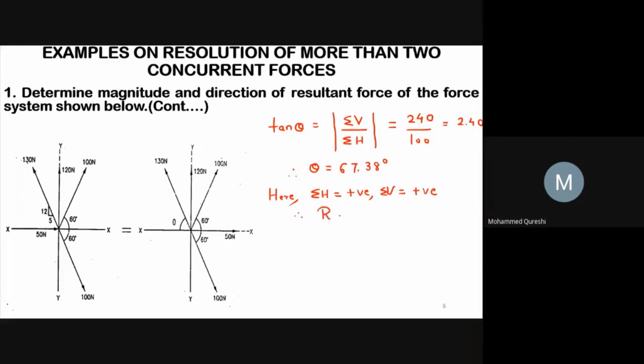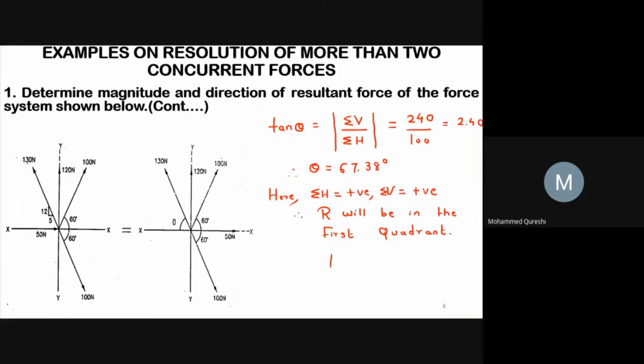Therefore, the resultant will be in the first quadrant. The resultant will be in the first quadrant.